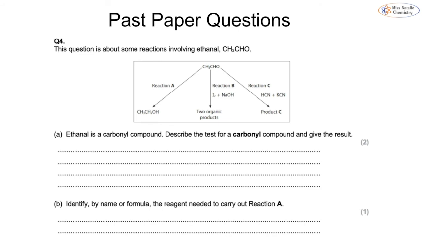So now we want to look at some written questions. So this is some reactions involving ethanal, which is CH3CHO, and ethanal is a carbonyl compound. We want to describe the test. So we've gone over this just a couple of times now. We want to say we are going to add Brady's reagent or 2,4-DNPH. That is, of course, also acceptable.